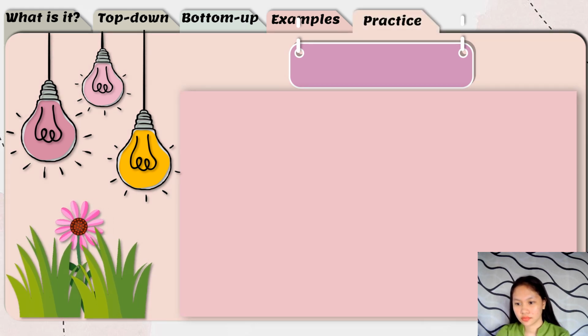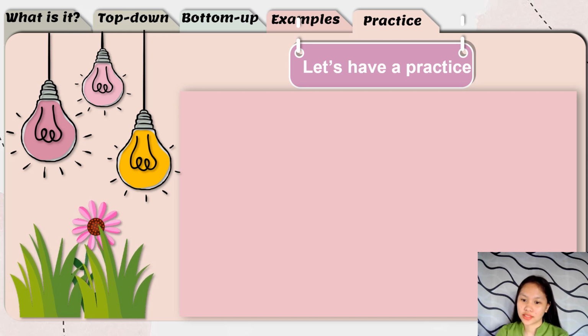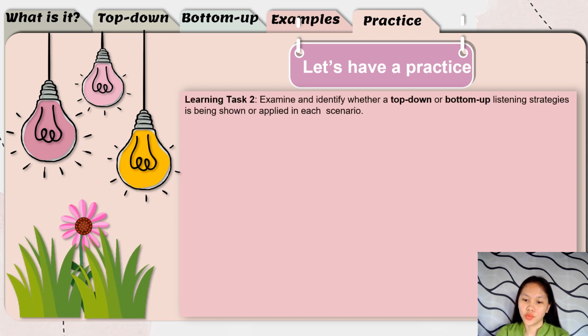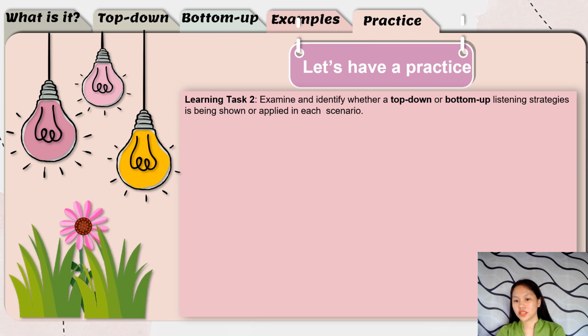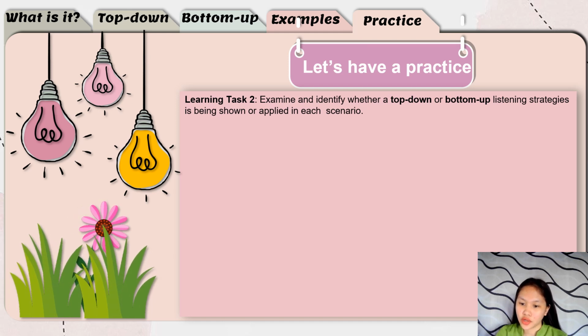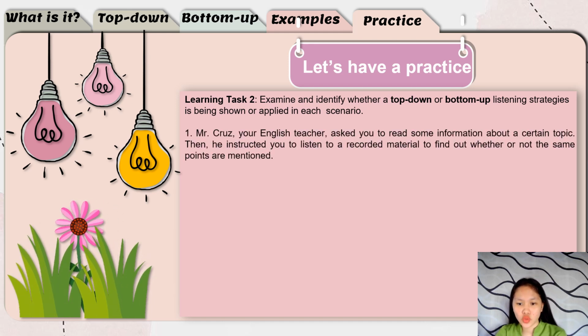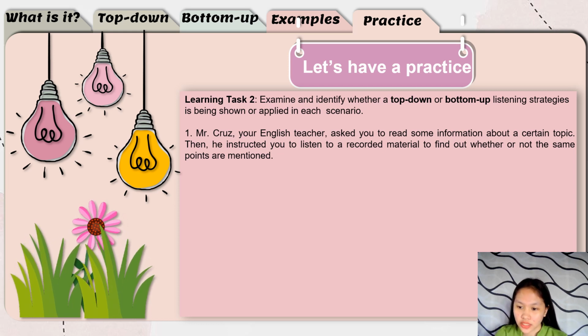Next, we have a practice. You will examine and identify whether a top-down or bottom-up listening strategy is being shown or applied in each scenario. The first one is Mr. Cruz, your English teacher, asked you to read some information about a certain topic.